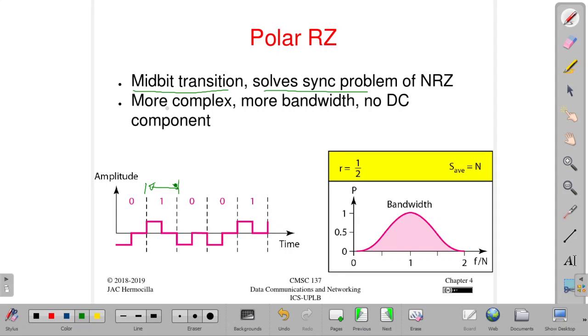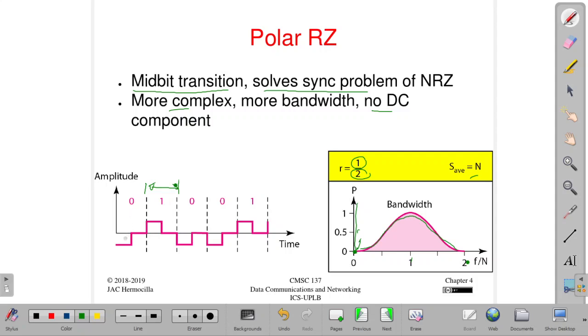Though it's more complex, with more bandwidth requirement, the advantage is there is no DC component, so the bandwidth is concentrated here, and we have one data element for two signal elements.